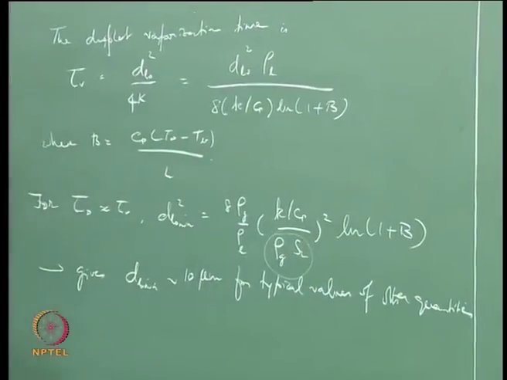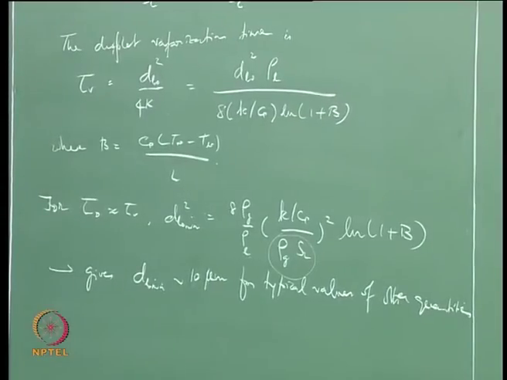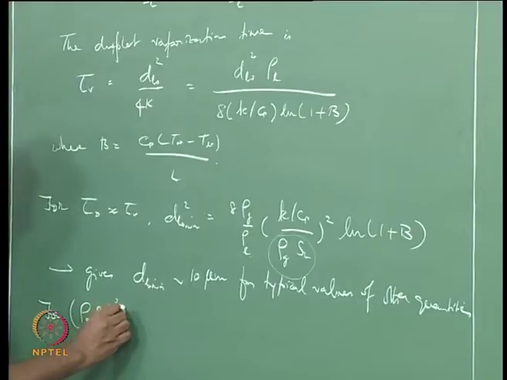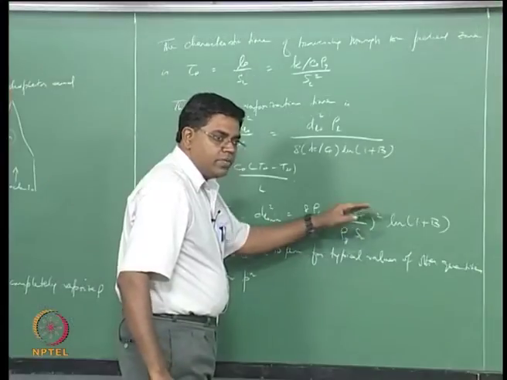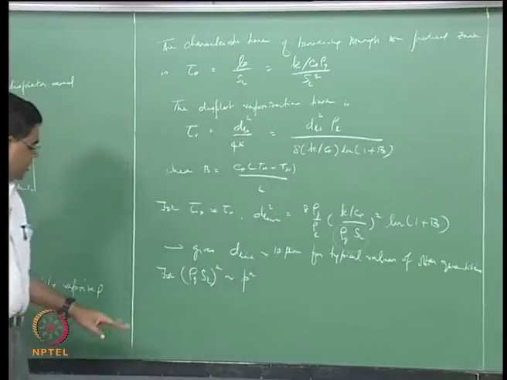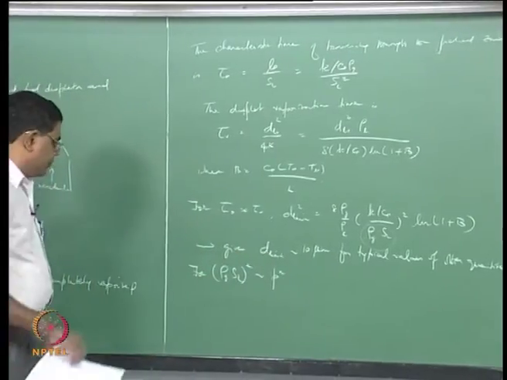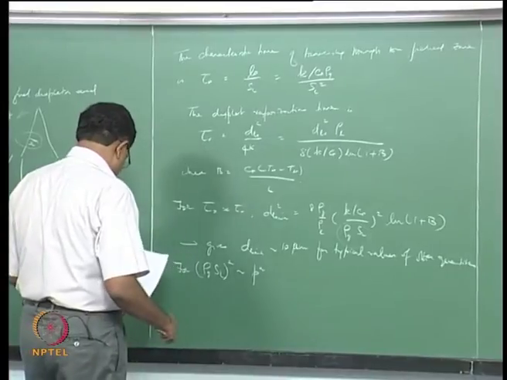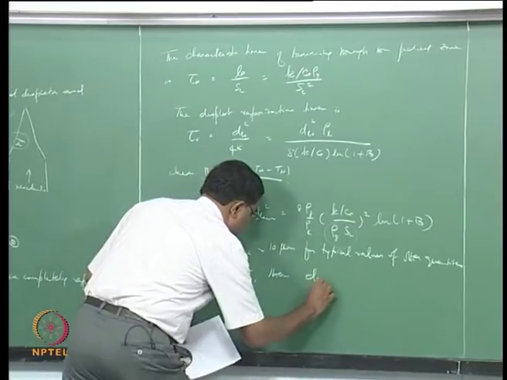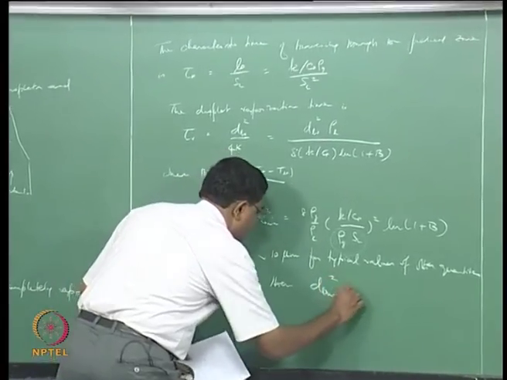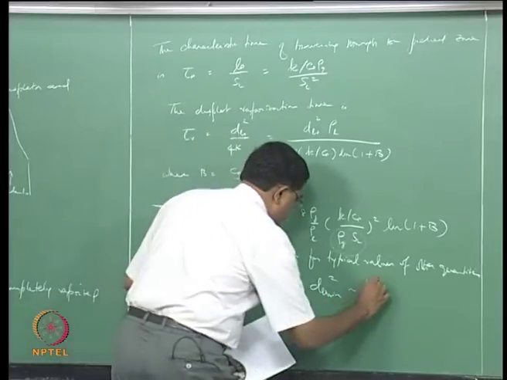Now we can also see the dependency here. For rho g SL squared going as p to the n, it's coming from how the burning velocity depends on the pressure, and we are looking at rho g SL the whole squared. So we remember that, and we say it's going as p to the n, then dl naught minimum squared goes as p to the 1 minus n.